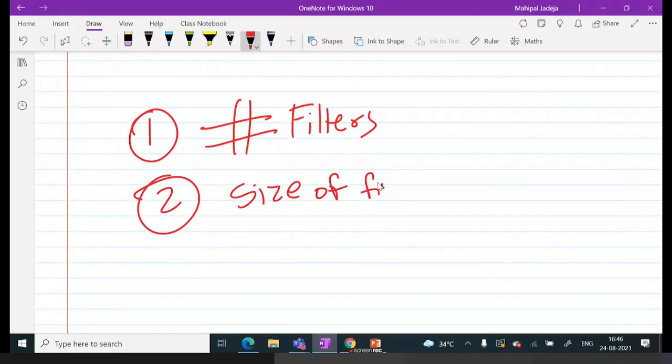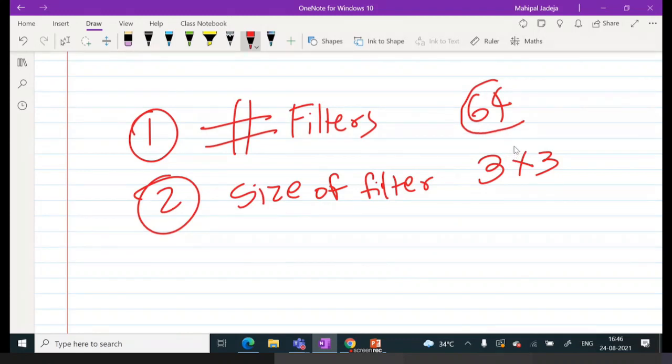For example, I can say I need 64 filters, each of size 3 cross 3. I don't know which features these 64 different filters will focus on. We don't know which features will be captured by these 64 filters, but still we will get good results, right?